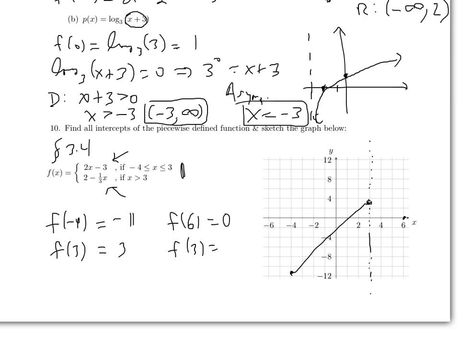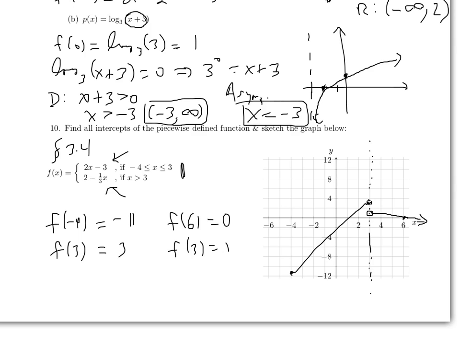So notice that f of 3 is 1. So the right-hand graph will have an open circle at 3, 1. It's open because 3 is not actually included here, and so the line is going to go down like that and continue on because this part of the domain keeps going.